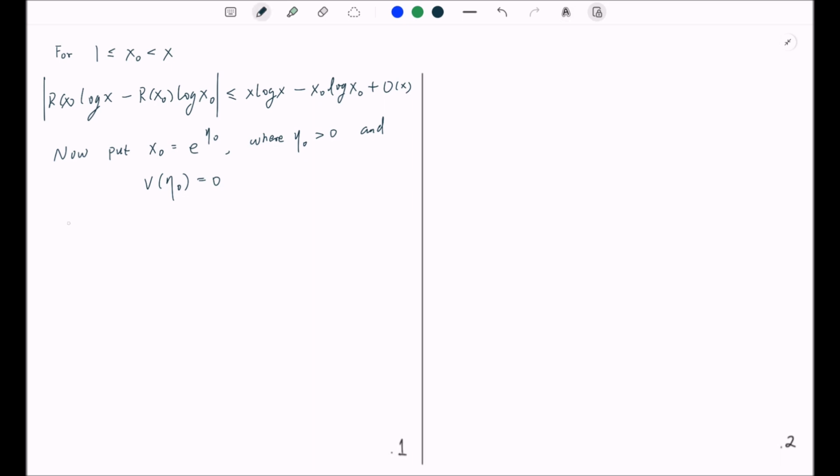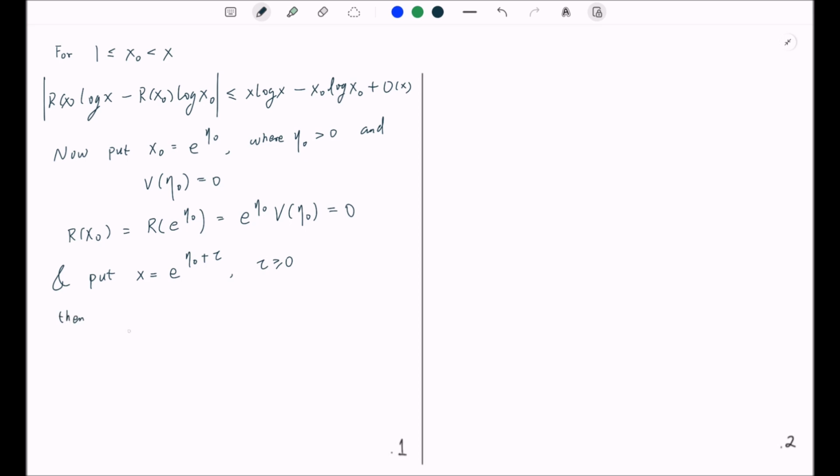And it follows that r of x naught is equal to r of e to the eta naught, which by the definition of v is e to the eta naught times v of eta naught, which is 0. And put x equal to e to the eta naught plus tau, with tau bigger or equal to 0.